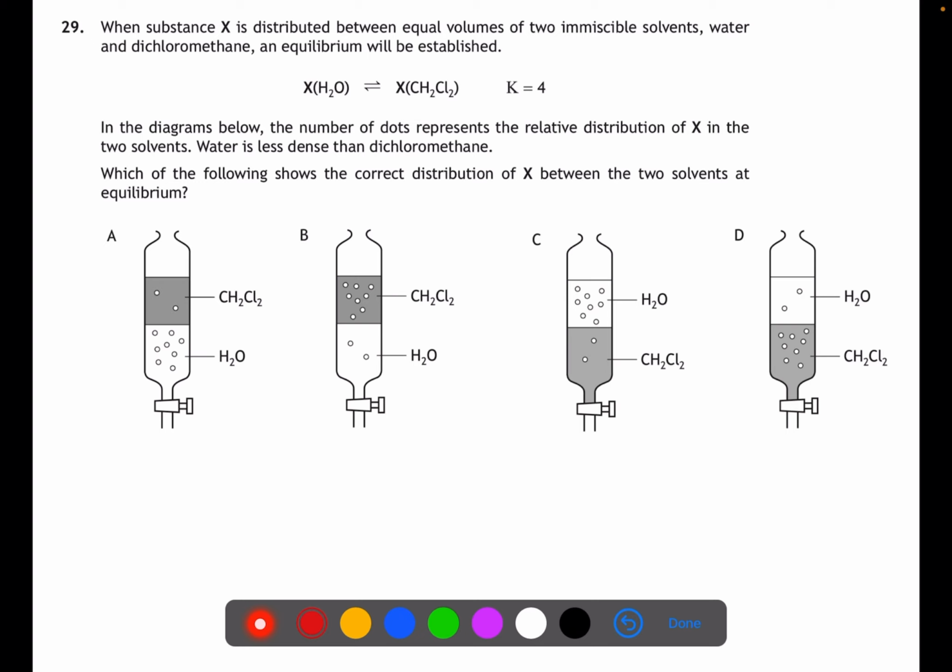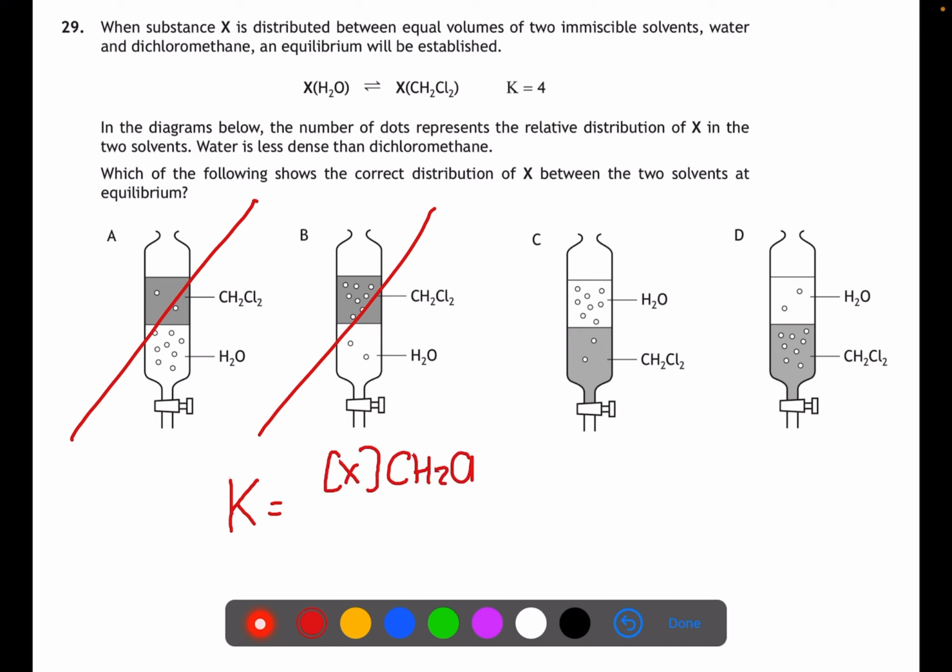If water is less dense than dichloromethane, then it will float on top of dichloromethane, which means we can ignore A and B. We now need to turn our attention to K. K equals the concentration of X within the dichloromethane divided by the concentration of X in the water. And we can see that that equals 4.